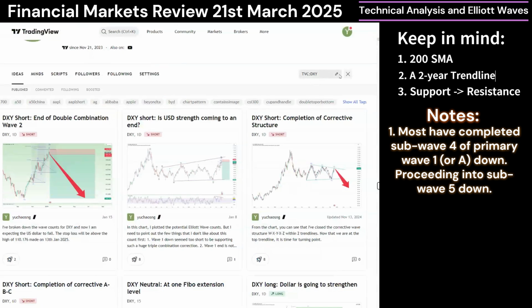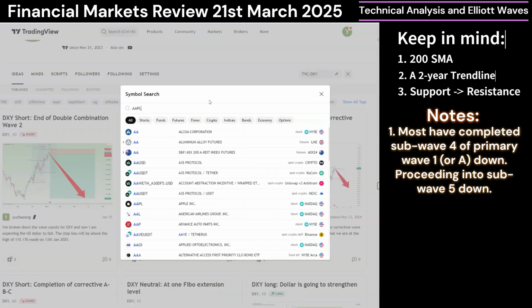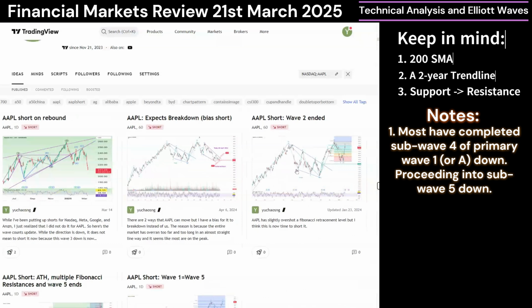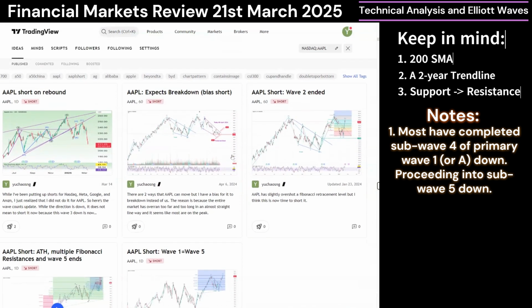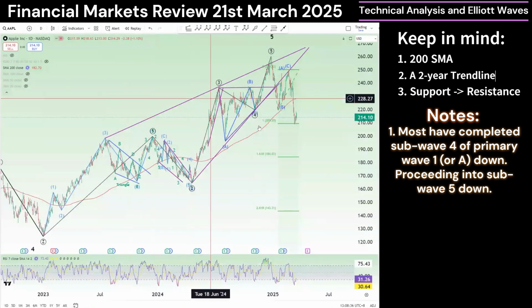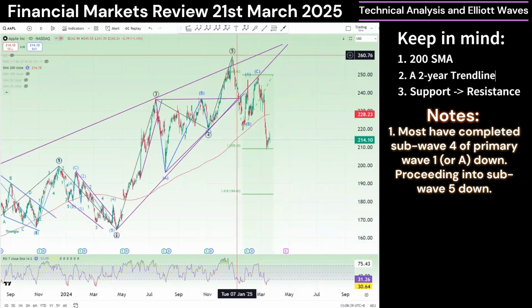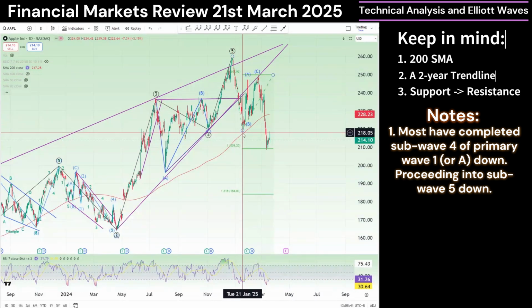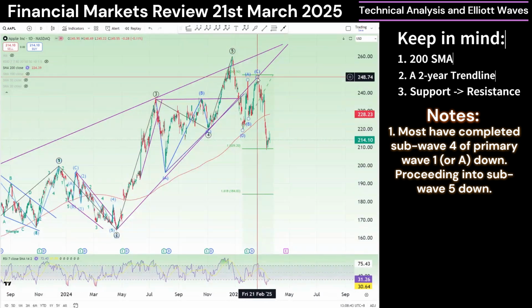If you check, I do have quite a number of Apple analyses. So I have this more detailed wave count. Over here, it went down, broke down the trend line, moved up, got stopped by the trend line. This is another classic case of support and resistance, and then it moved down.